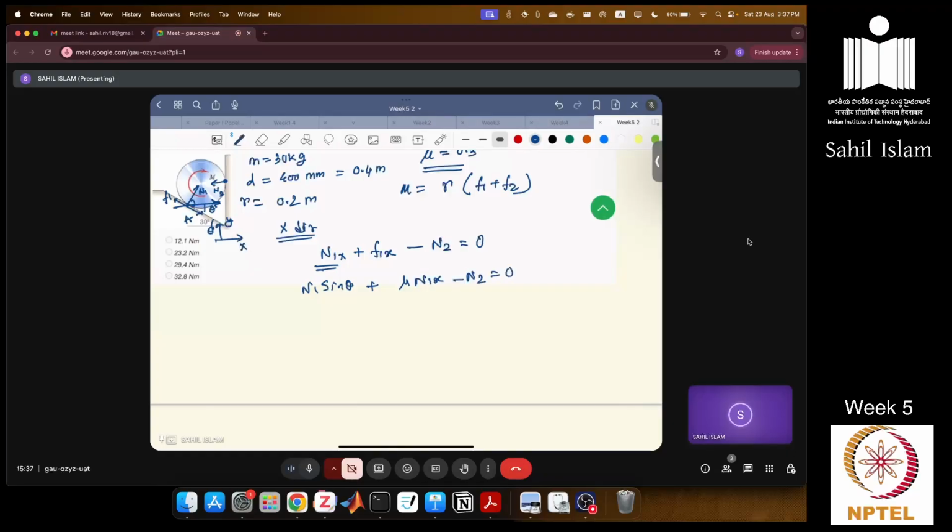So n1 sin theta plus mu n1 sin theta minus n2 equals 0. This gives n2 equals (1 plus mu) times n1 sin theta.